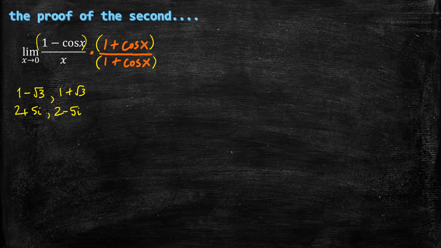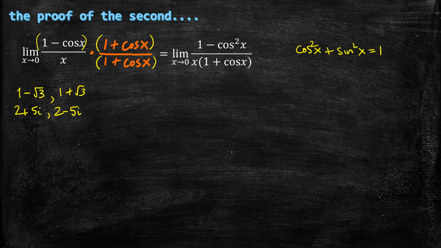The great thing about conjugates is that when you multiply an expression by its conjugate and you FOIL, the outer and inner terms cancel, and you would just be left with 1 minus cosine squared x. So that's one neat algebraic manipulation. The next one is to recall the Pythagorean identity, which says that cosine squared x plus sine squared x equals 1. Why is this important?